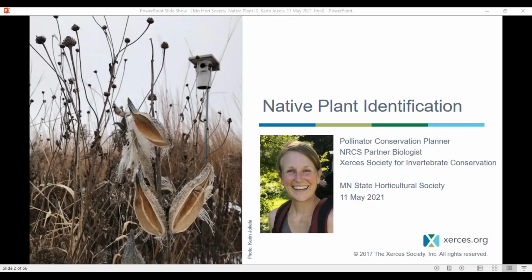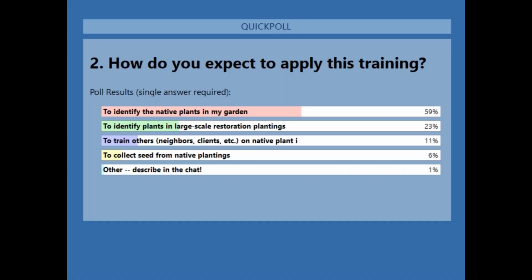Okay, so it looks like 59% are to identify the native plants in my garden, 23% to identify plants in large-scale restoration plantings, 11% to train others on native plant ID, and 6% to collect seed from native plantings, and other described in the chat. So I don't see any descriptions in the Q&A section.